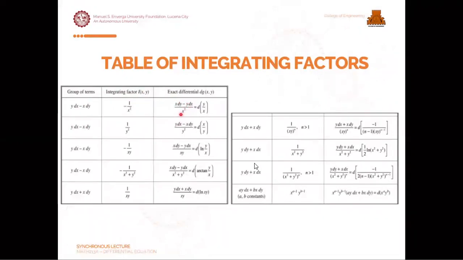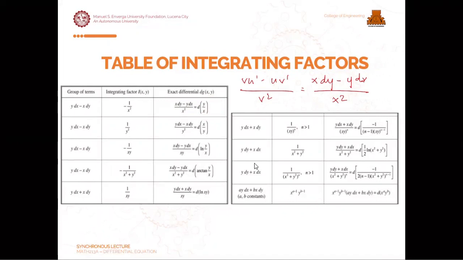X dy minus y dx over x squared, which is the exact derivative ng y over x. Kasi di ba y over x, so b u prime minus u b prime over b squared. So, equals sa, so, x dy minus y dx over x squared.